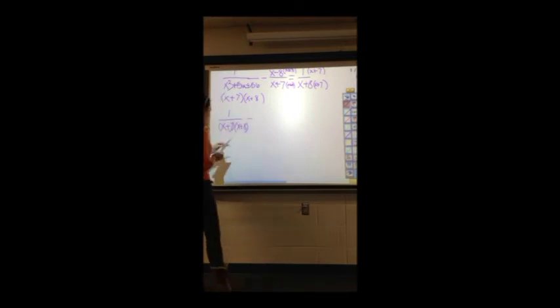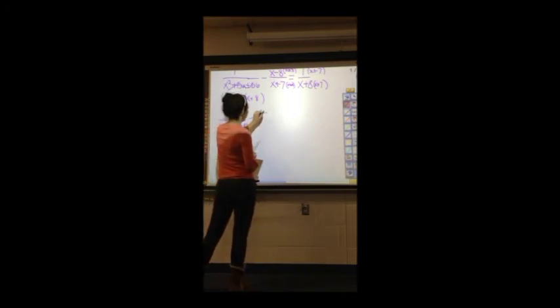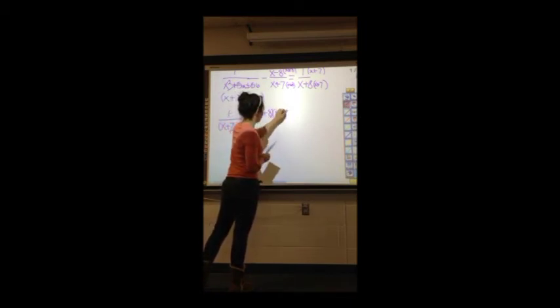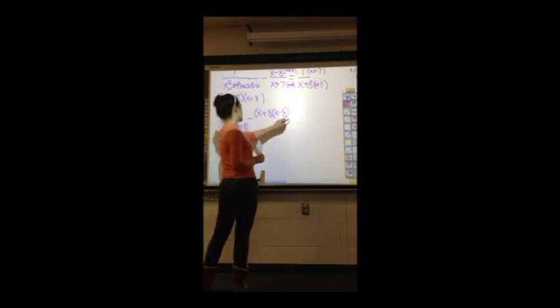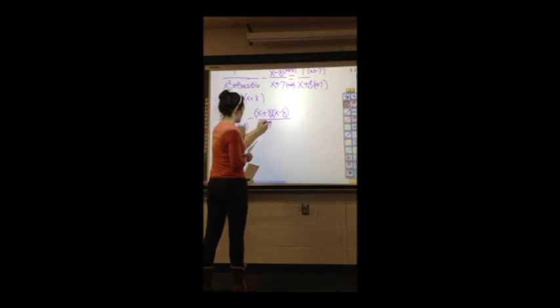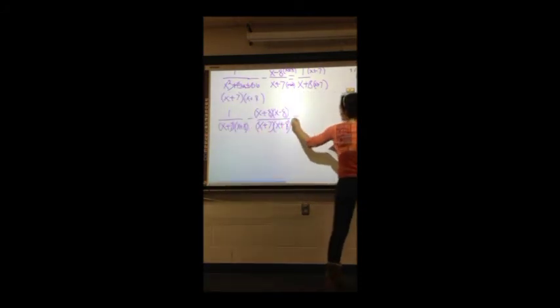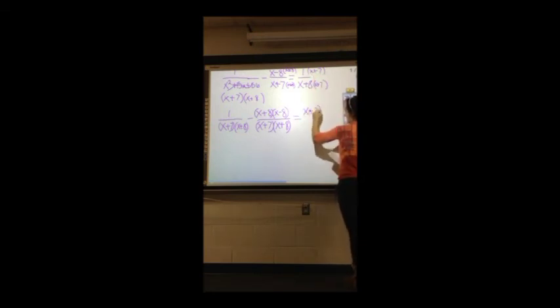And then I have minus x plus 8 over x minus 8, or not over, but times x minus 8, over x plus 7 and x plus 8. And that's going to equal x plus 7 times 1, which is just x plus 7, over x plus 7 times x plus 8.